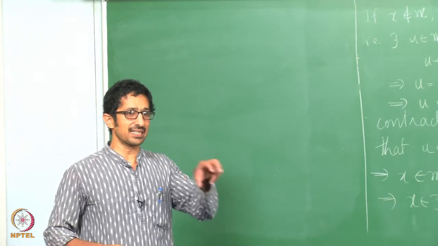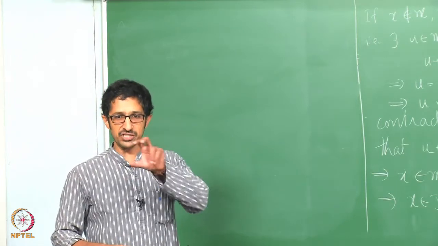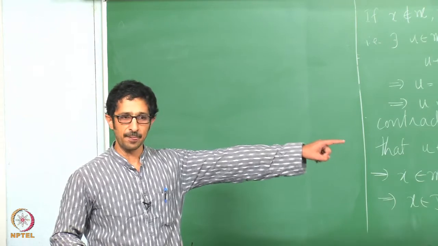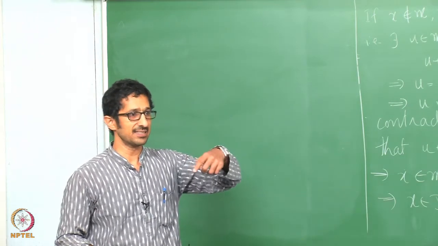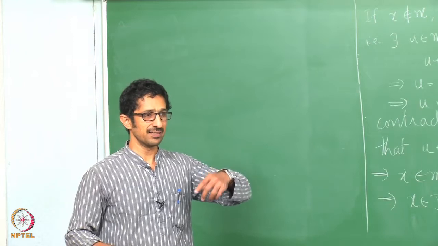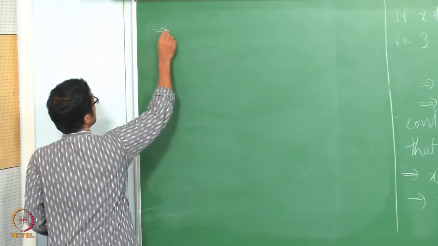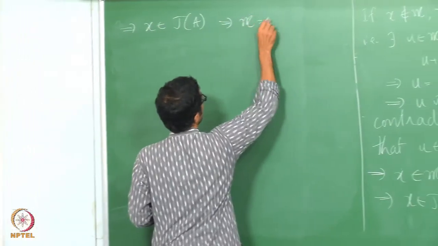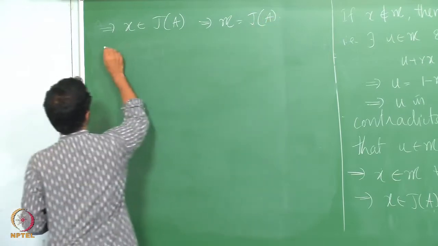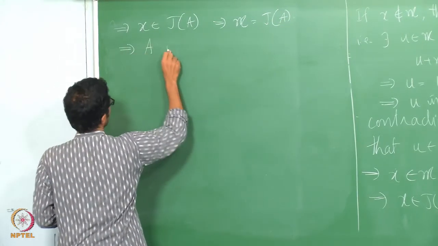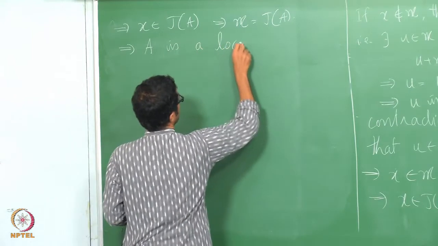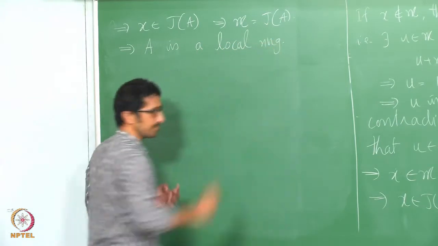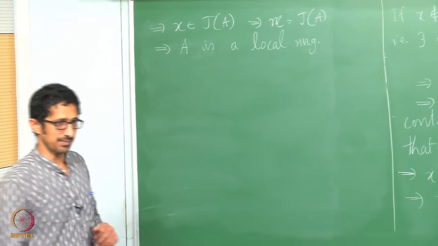Therefore, Jacobson's radical is contained in each maximal ideal, but here we are saying that M is contained in the Jacobson's radical, which means both are equal. This implies M is equal to J of A, and that implies that A is a local ring. It has precisely one maximal ideal.